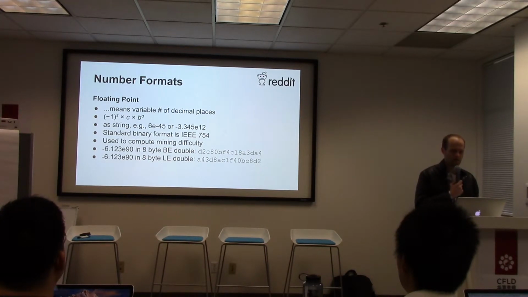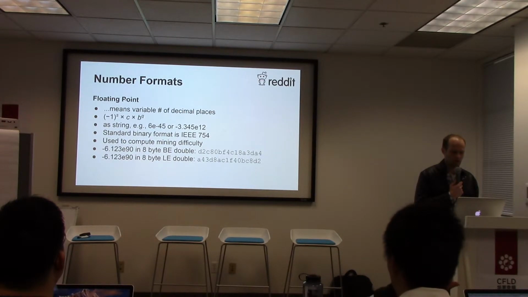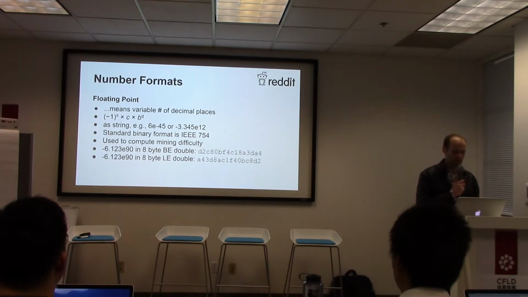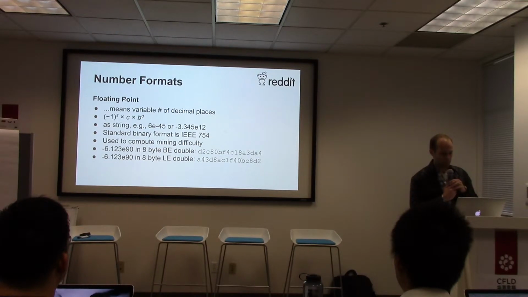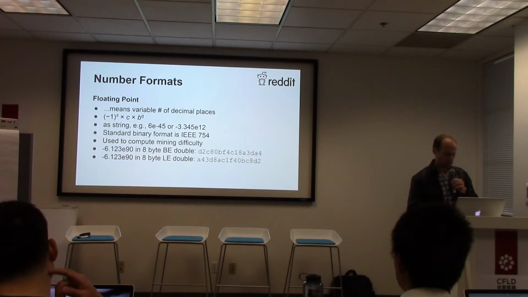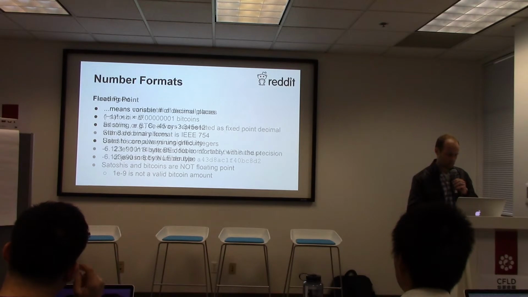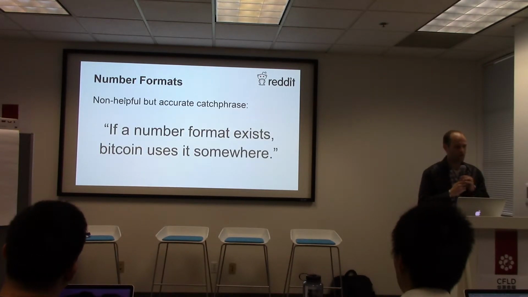The one significant place that I'm aware of in the actual protocol is that the difficulty is represented with a custom floating point number. This actually occurs in a block, and we'll talk about this more later. But there is a floating point value that's relevant to the protocol, and it's difficulty. Okay, so that's all the number formats.